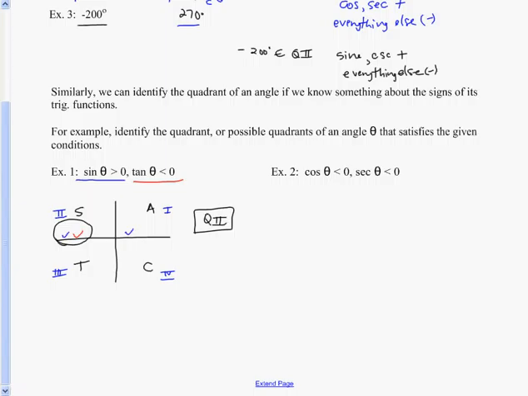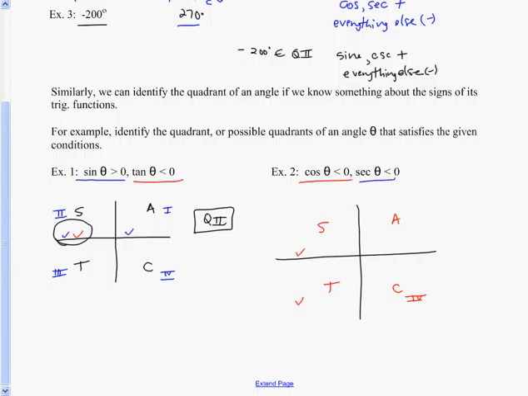That's the quadrant I'm in based on the different criteria that I've been given. Let's try another one. Alright, cosine is negative. So it wouldn't be quadrant 1, that would be quadrant 2 and quadrant 3. Cosine is negative in both of those. Now cosine again is positive in quadrant 4, so it's not going to be in here. And now we want to look at also secant being negative.